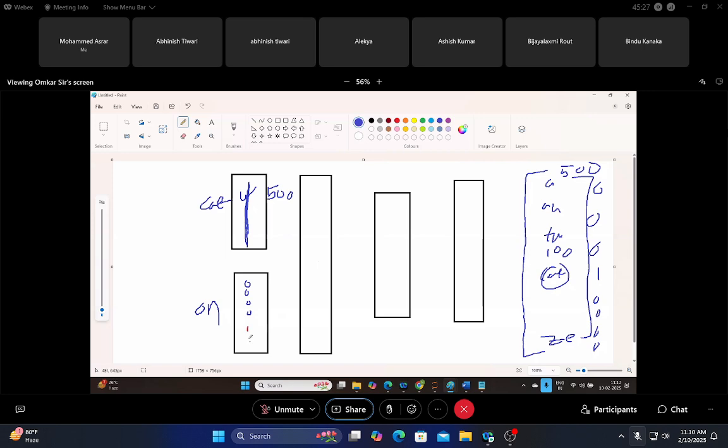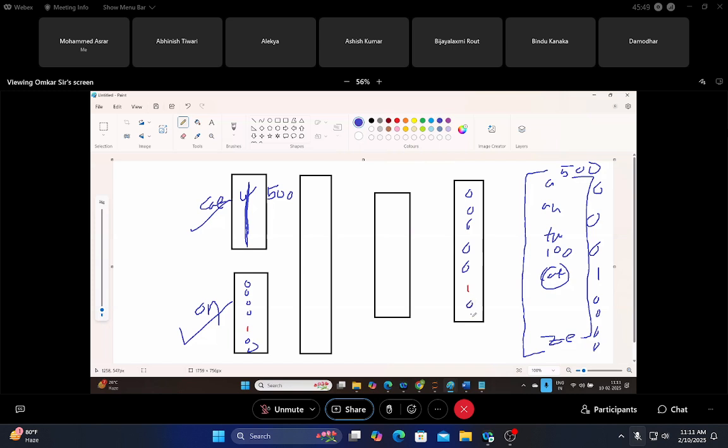Remaining all are again 0, 0, 0. This is the cat one hot encoder, and the on one hot encoder. Same way sat is also there as output: 0, 0, 0, somewhere a one will come, and again remaining all are 0.